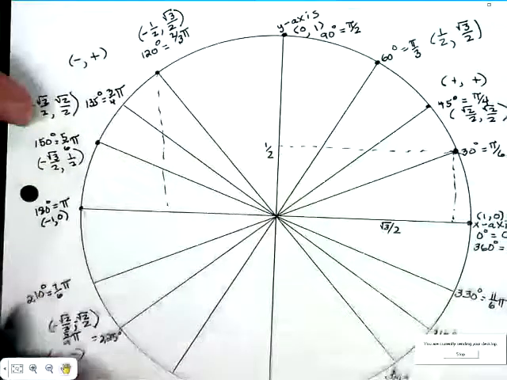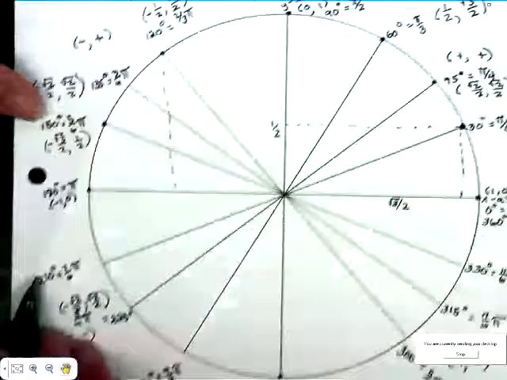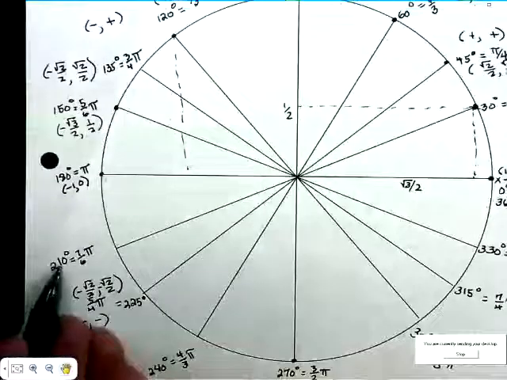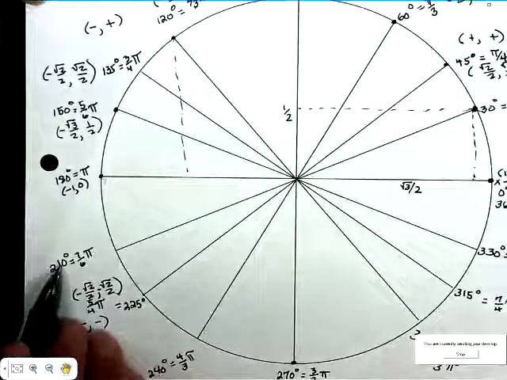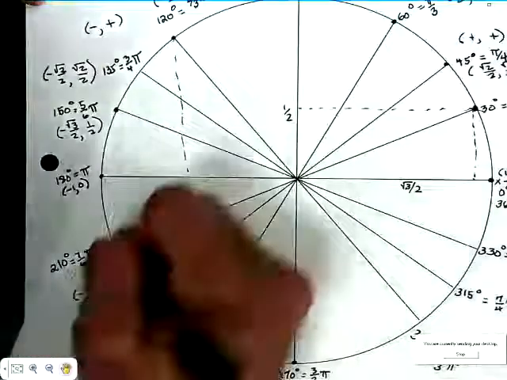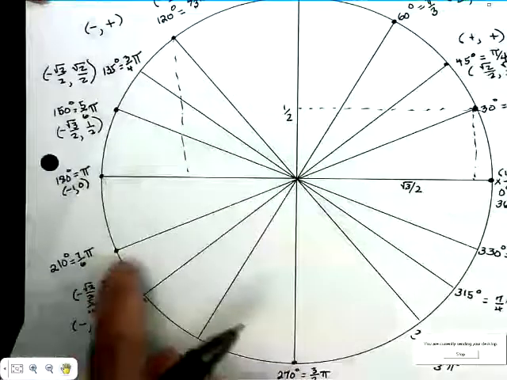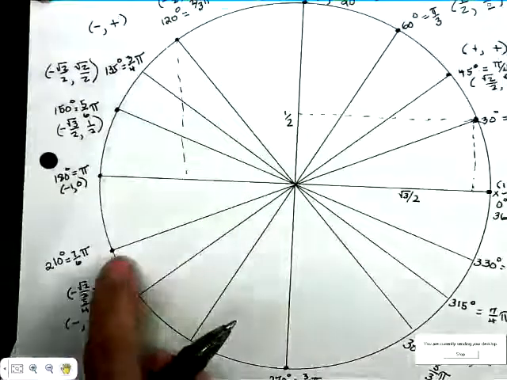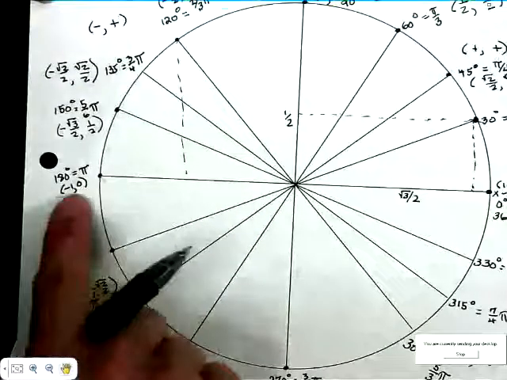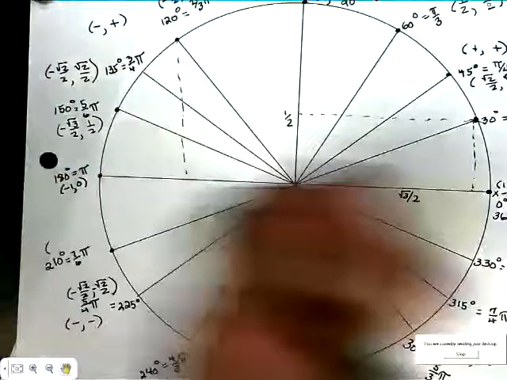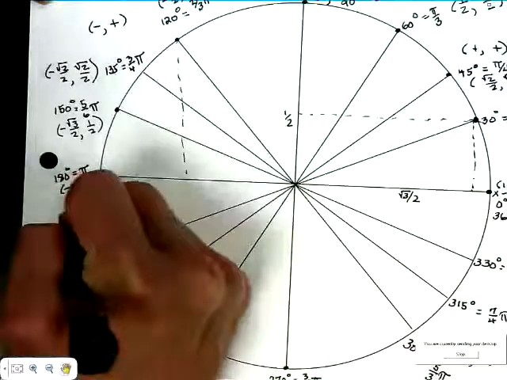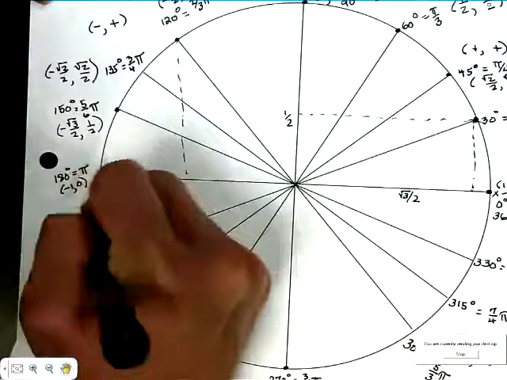At 7/6 pi, what's closer to being 1 or -1, the x or the y? Right here. The x was just -1 here. It's still close to -1. The x is negative square root of 3 over 2. The y is negative a half.